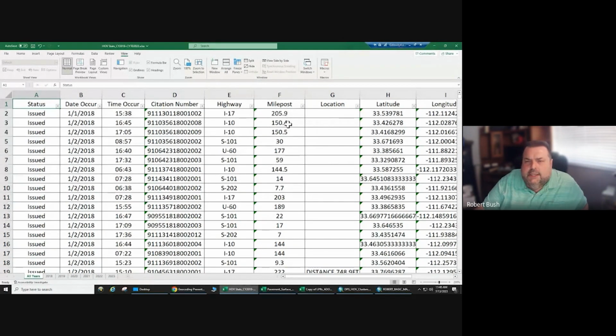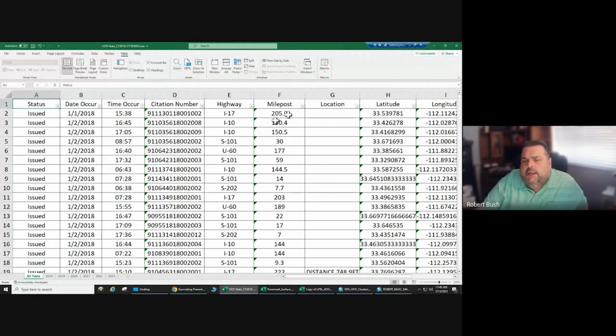In the case of this, a ticket was written. That's called point data. When you have something that has a begin and an end, like for instance, a guardrail, it has a starting point and an ending point. Maybe a pavement project where they did a chip seal or a mill and fill or something like that. That has a beginning point and an ending point. Those are known as linear, or lines, in GIS data.